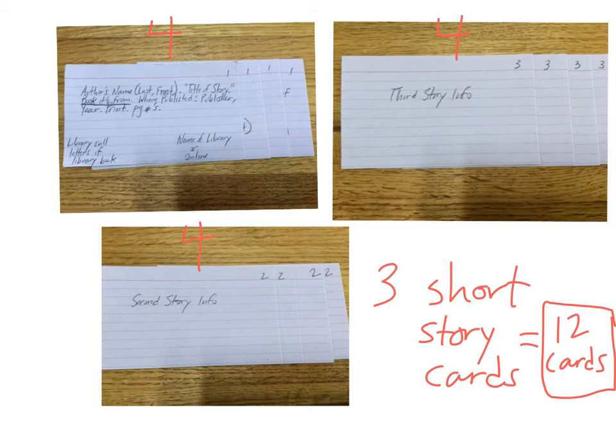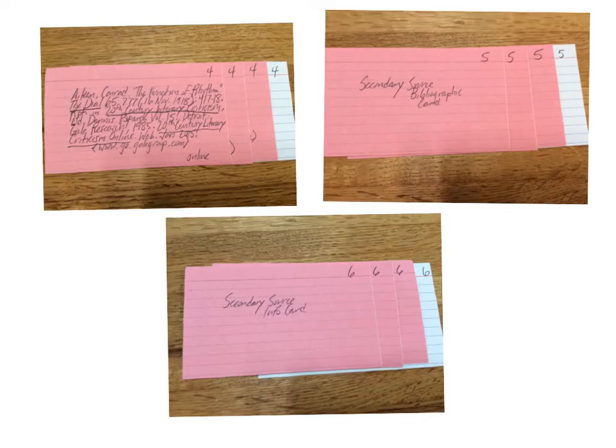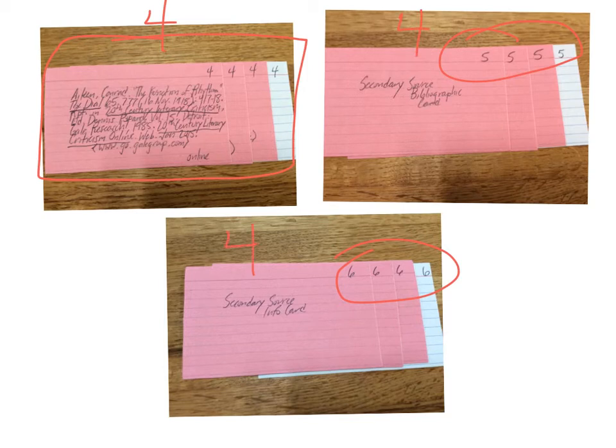And then if I click ahead to the secondary source cards, I have my fourth source here, a fifth source here, and a sixth source. Again, I'm going to do a bibliographic card and four note cards. So I'm going to have a minimum of three secondary sources, four cards apiece.